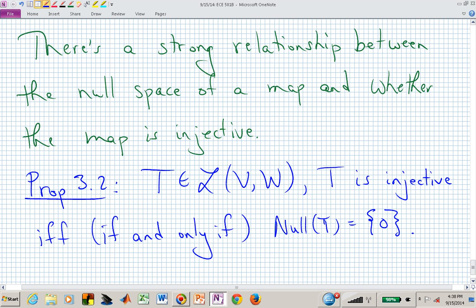Not the empty set, but the 0 vector. So we have a trivial null space if and only if the linear map is injective. That's the strong connection between these 2 concepts of an injective map and a null space.